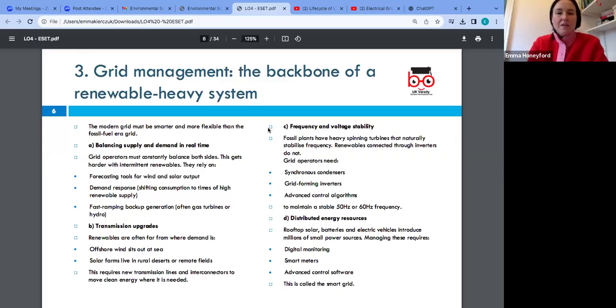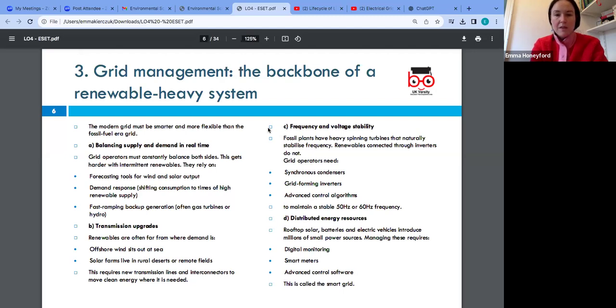Okay. So moving on, a bit more about the grid management. Obviously the video showed the infrastructure, and how the infrastructure in place is important in passing and distributing renewable energy and different types of energy.